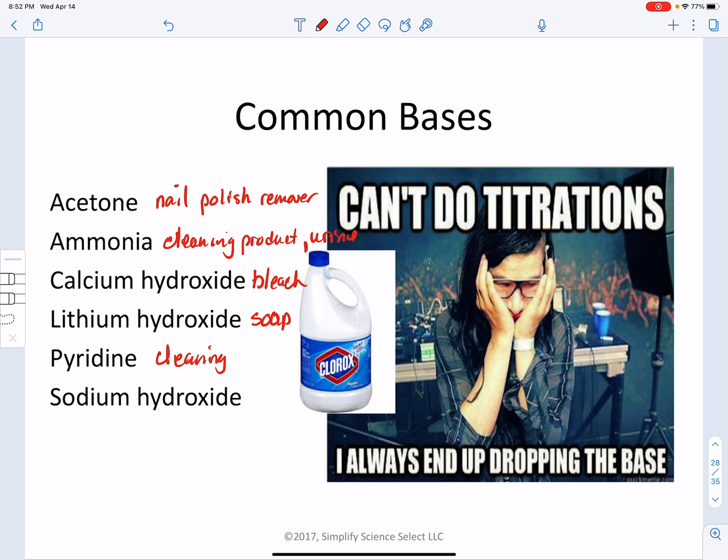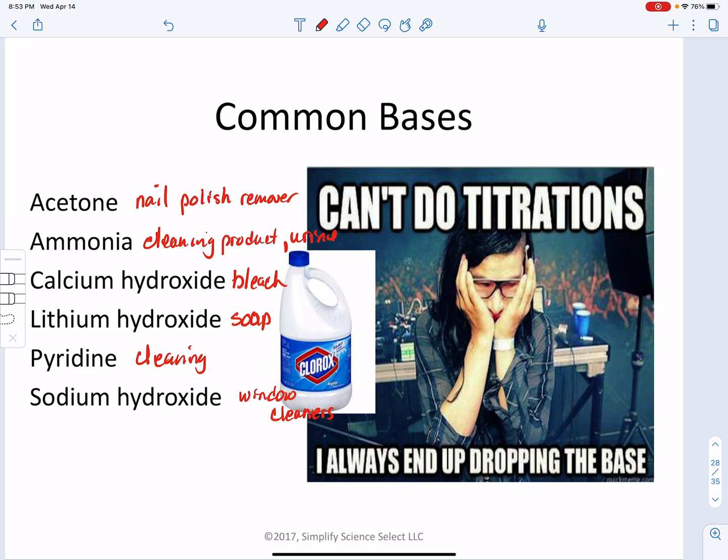And sodium hydroxide is also often found in window cleaner. So you'll see kind of a trend here. Usually bases do a pretty good job at cleaning things because they're going to be working with breaking bonds of substances that are causing stains and being able to remove them from materials.